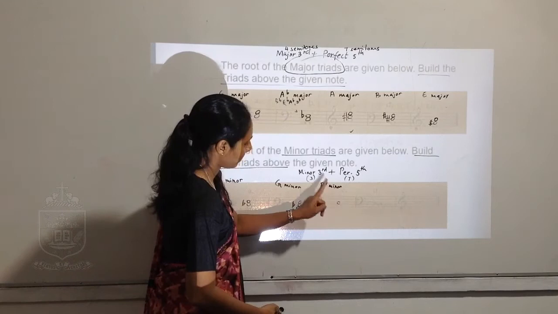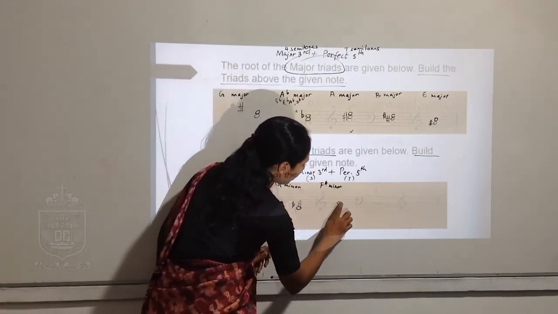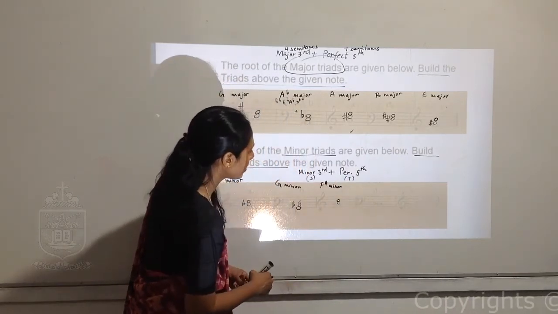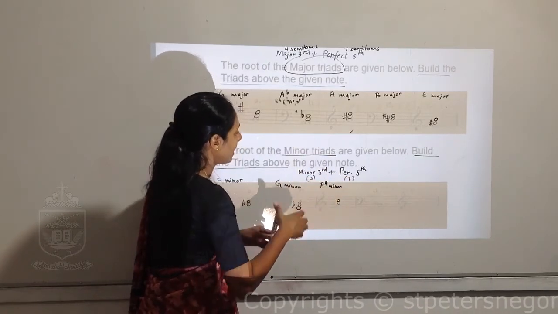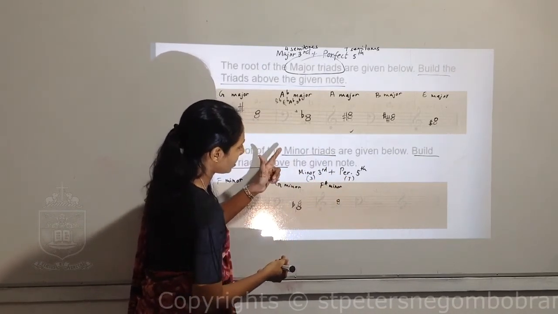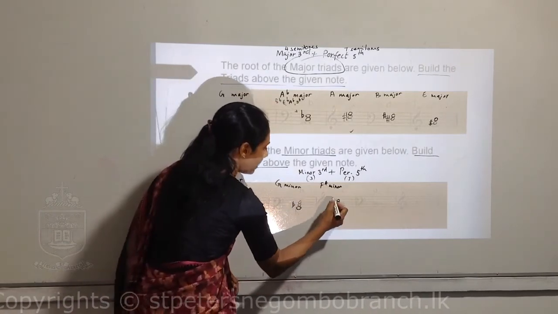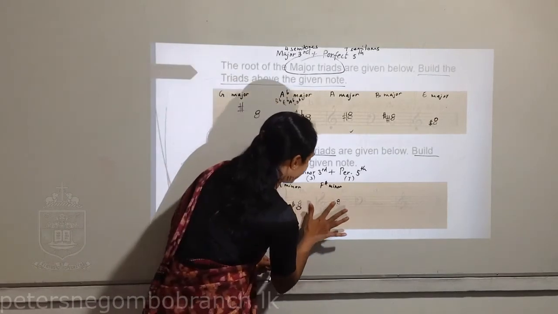From here to here, there is a minor third. So from here to here, perfect fifth: 1, 2, 3, 4, 5. Fifth. Now check the semitones. F sharp to G, G sharp, A, A sharp, B, C. We have C, so we can add a sharp mark in front of the note.